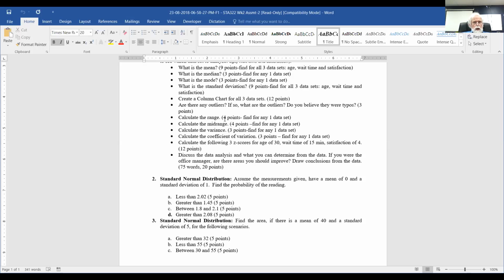Once we get past 2 standard deviations, we are getting down into the 5% range of our data.